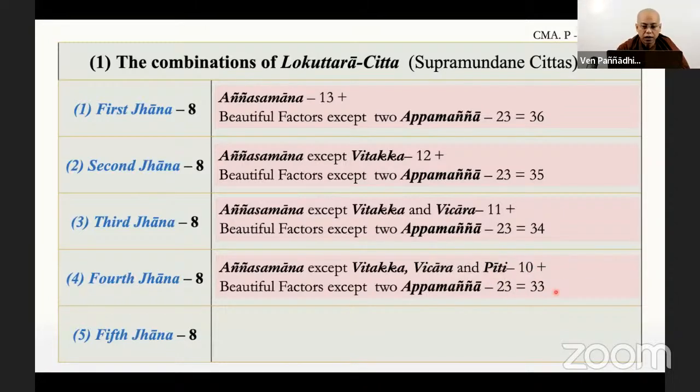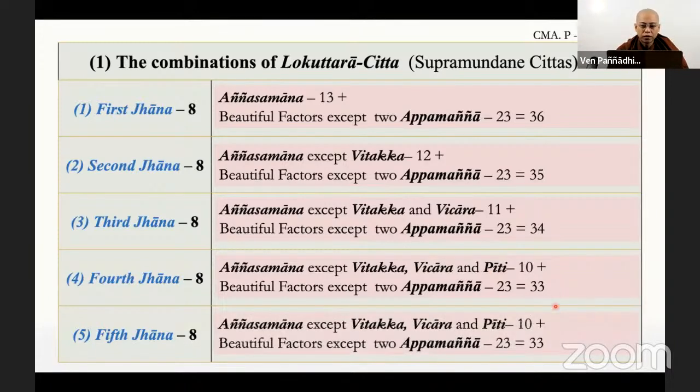And for the 5th jhana, how many? Also 33. Right? So what is the difference between this 33 and this 33? The feeling is still present, but the feeling changes from sukha to upekkha. Great. In the 4th jhana, the feeling is happiness, sukha vedana.